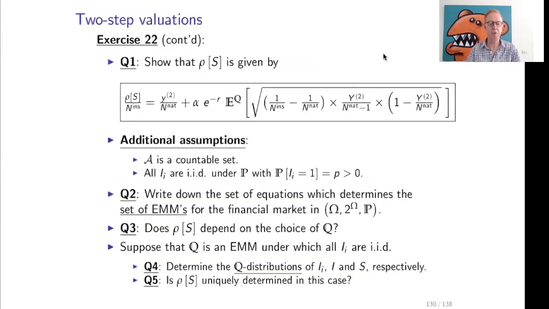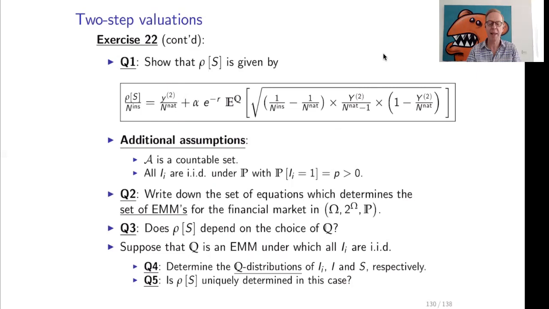First thing to prove is to show now that in this case the two-step standard deviation value rho S is given by this expression. So rho S divided by the number of insureds, or let's say the premium per insured, is equal to Y2 over N divided by N national plus an additional term, and this additional term looks similar but is different from the one that we have seen in the exercise on the hedge-based valuation.